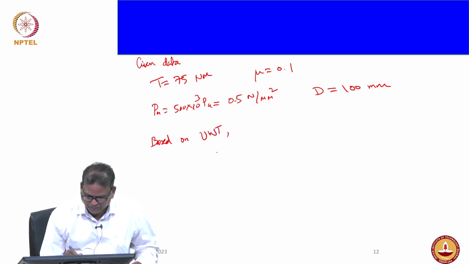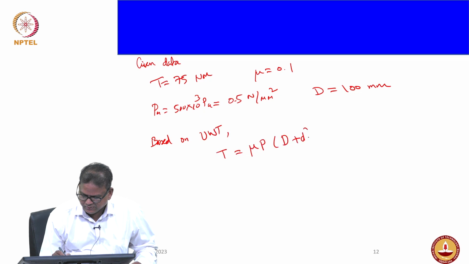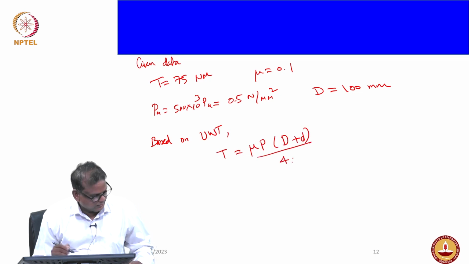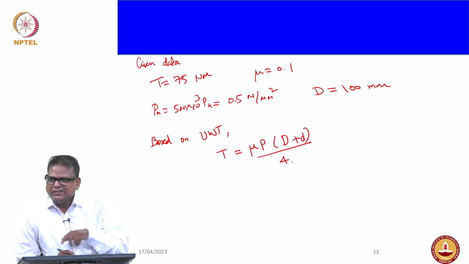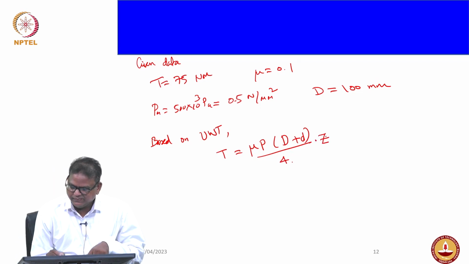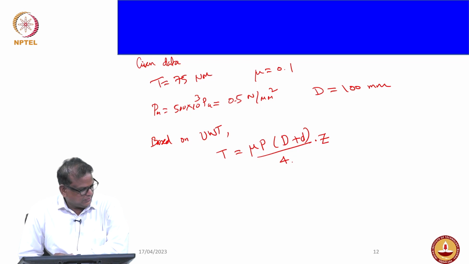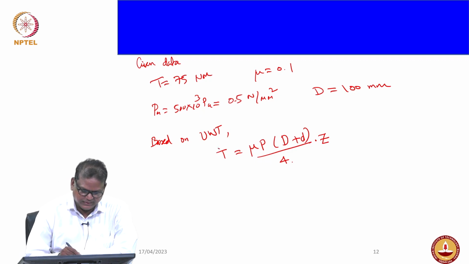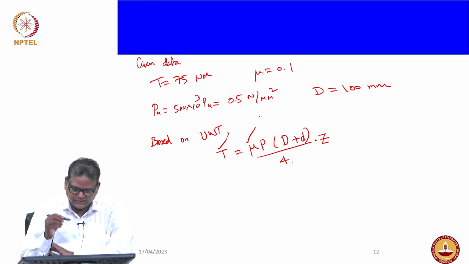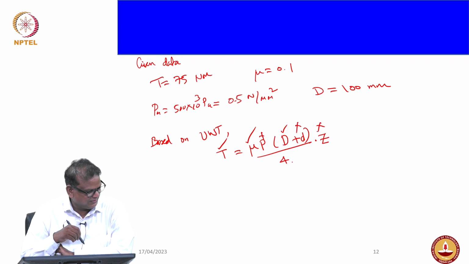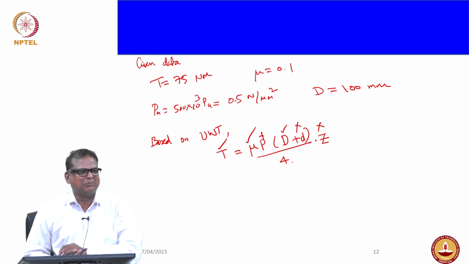Uniform wear theory: T equal to mu P by 4, the general equation, and you need to multiply by Z. Torque is known, mu is known, P we don't know, we only know D, and the inner diameter is also unknown. There are so many unknowns. How are you going to solve the problem?